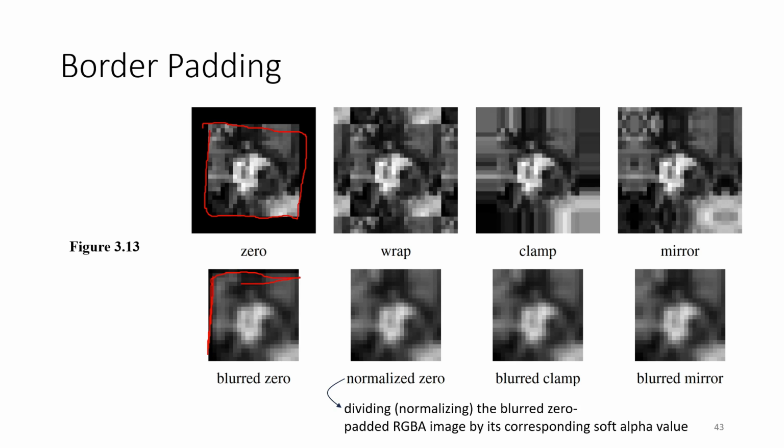Compared with the original values, the pixels on the boundary are quite a bit darker. Another one is called wrap. That means you just copy this region to its boundary, so you generate those pixels.